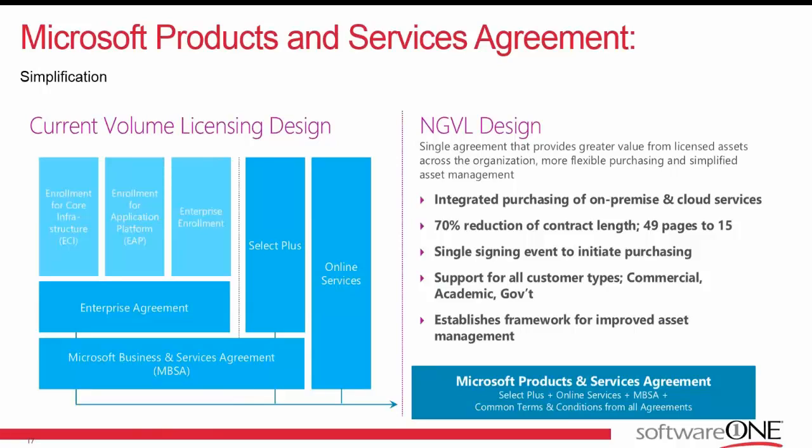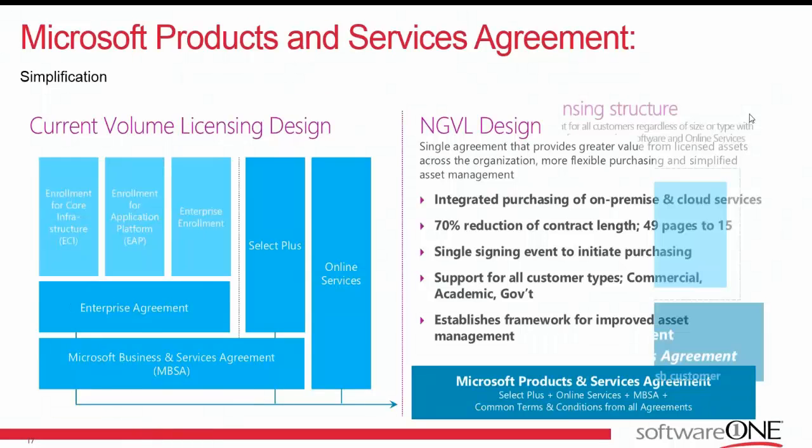So again, just pointing out, I did mention this on the MPSA already, is how Microsoft have reduced the administration and the paperwork and the terms and conditions in some of the contracts. So what was the MPSA, the master agreements and Select and so on, have been reduced to the MPSA. If you were to take the contracts today, Microsoft say it's about 49 pages, and they've reduced that down to 15.